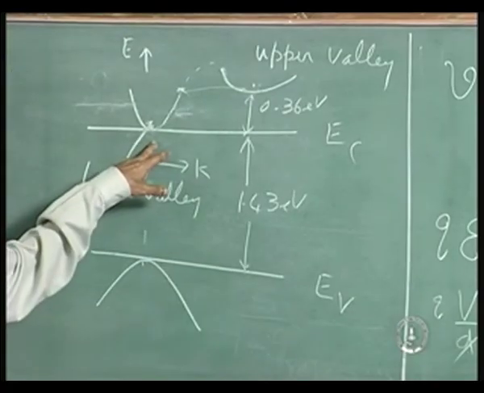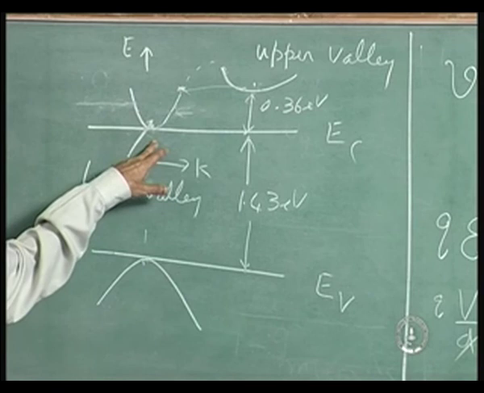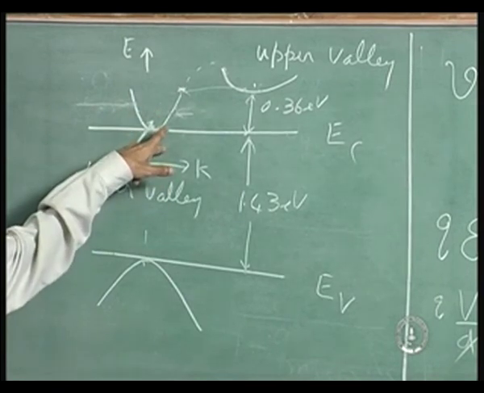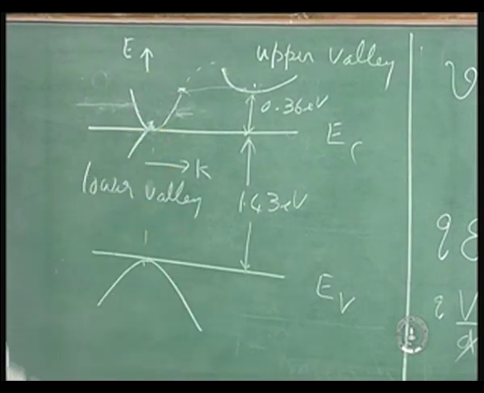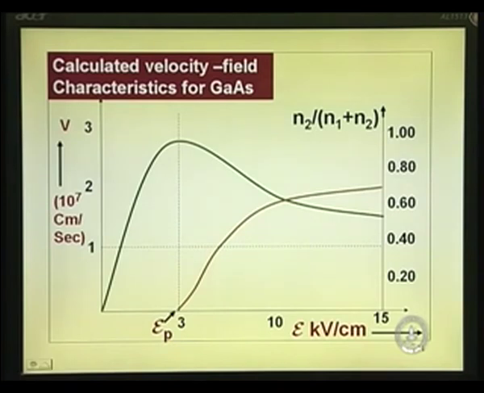So, all the electrons keep moving with the velocity corresponding to higher mobility. They are not subjected to velocity saturation or anything, they are actually keeping on increasing. That is why it shoots up, and once you reach 3 kV per centimeter, the transfer of electrons to the upper valley starts, and keeps on increasing.